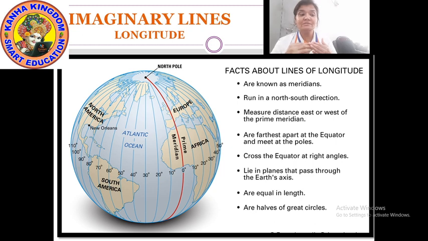Okay, how many lines in total? 360 lines. How many lines were the latitudes? 181. Because there were 90 lines in northern hemisphere and 90 lines in southern hemisphere, including equator. So there were 181 lines in latitudes and 360 lines in total in longitudes. Getting?